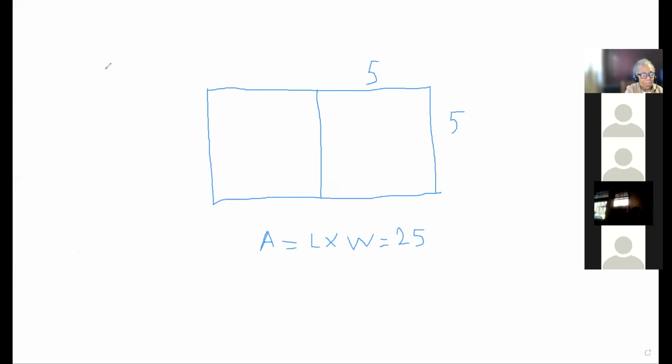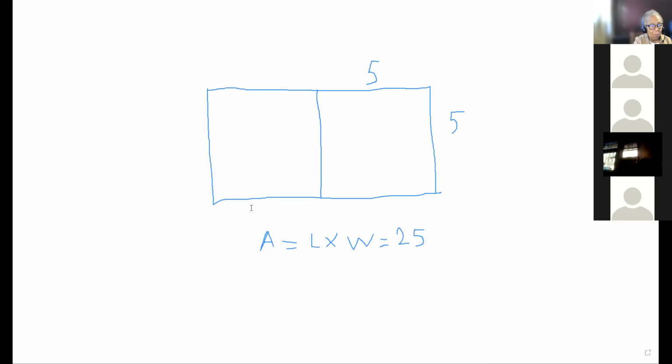What's the length of this rectangle? 10. That's 10. The width is 5. This is the rectangle, so the length is 10, 5 plus 5. The width is 5.